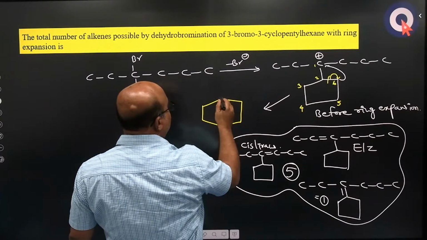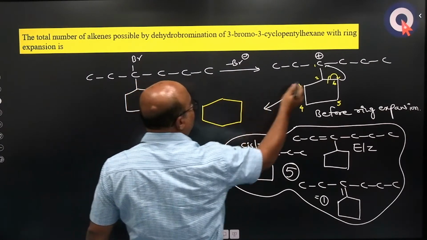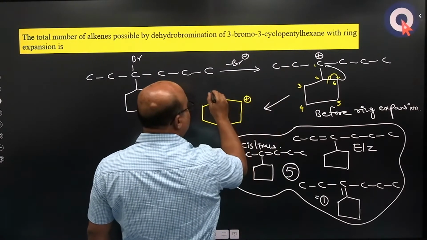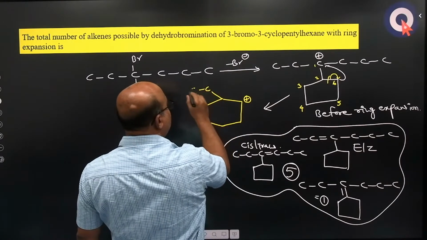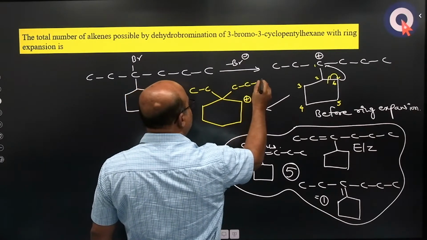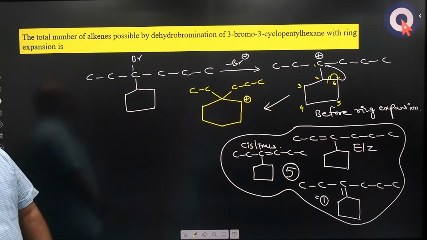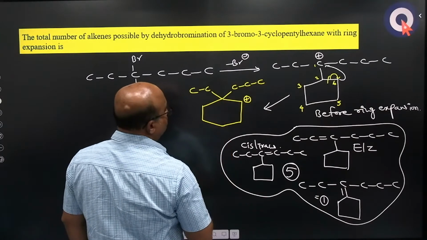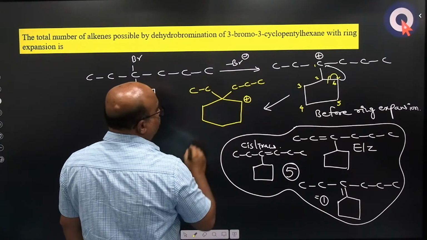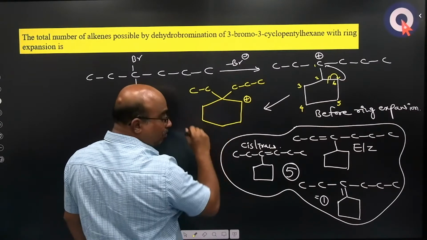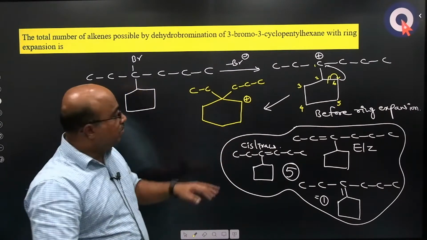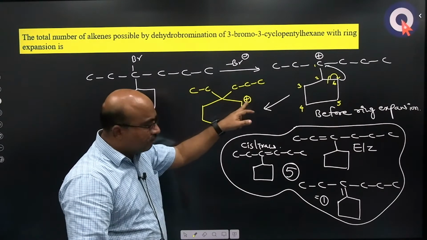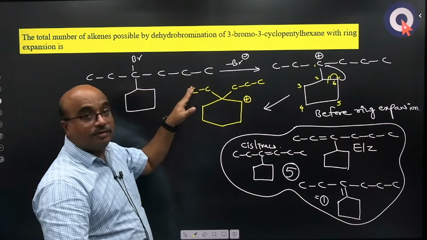So, if you see this one, this is the 6th, the second carbon will have plus. So, this will have plus, but now here we get C2H5, or C and C, we have CCC. Now, this carbon is a quaternary carbon. This is a secondary. So, after ring expansion, this can further rearrange to give a more stable one, because the adjacent immediate carbon is quaternary or tertiary. When you have a secondary, immediately it rearranges there.